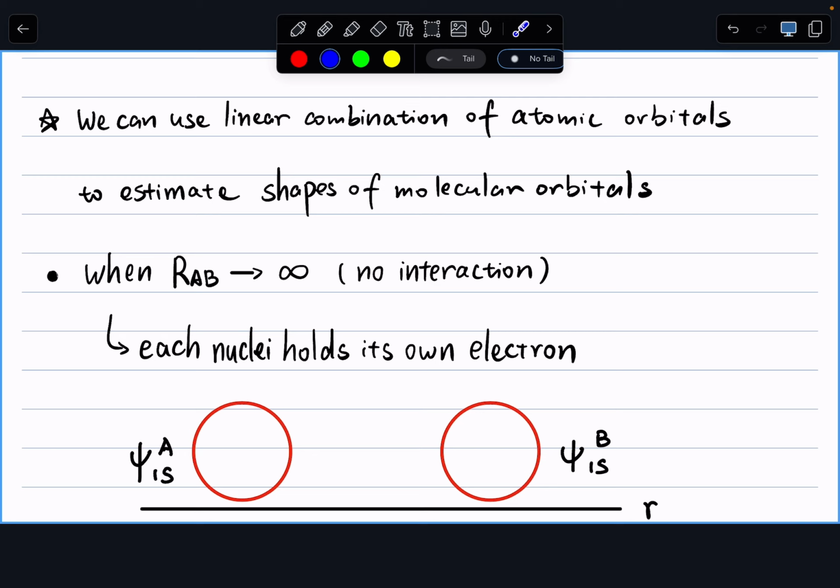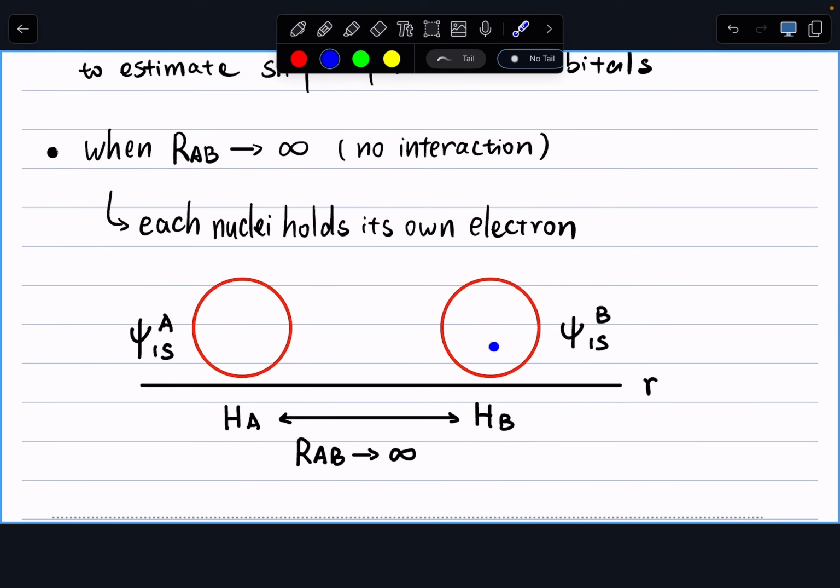On the left-hand side, we have the 1s of, say, a hydrogen. On the right-hand side, also the 1s of a hydrogen. When these orbitals are indefinitely far away from each other, these waves don't talk to each other at all. Each nucleus will hold its own electron, and we see two distinct s atomic orbitals.